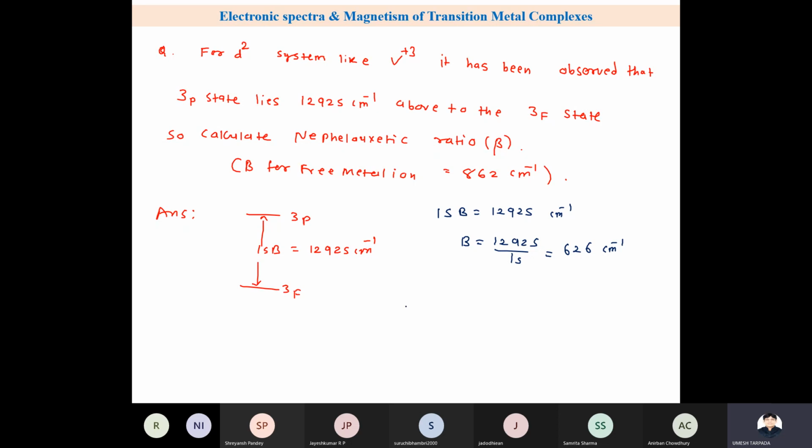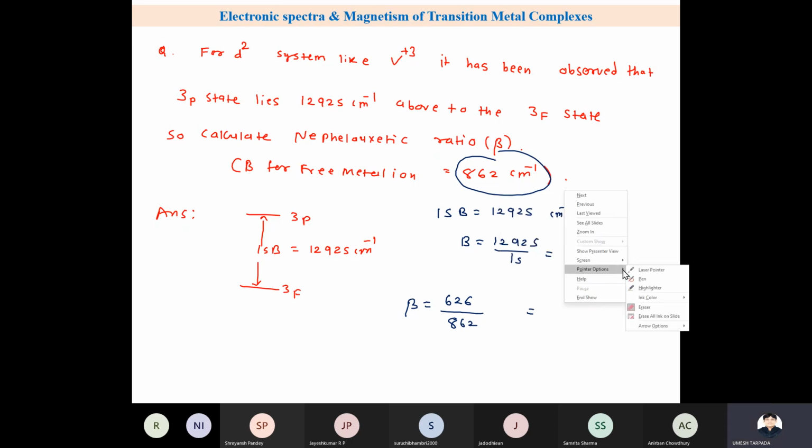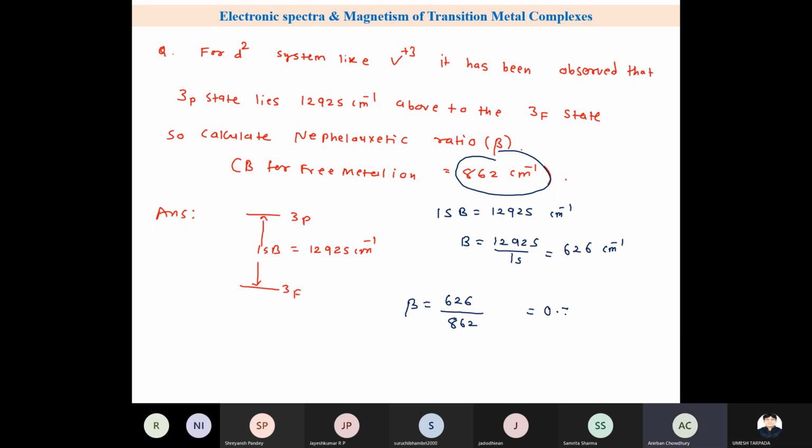Then next you calculate beta, the Racah parameter ratio: 6 to 6 divided by B for the free metal, which is 862 centimeter inverse. So centimeter inverse cancels out. So what is your answer? It becomes 0.726. Yes.